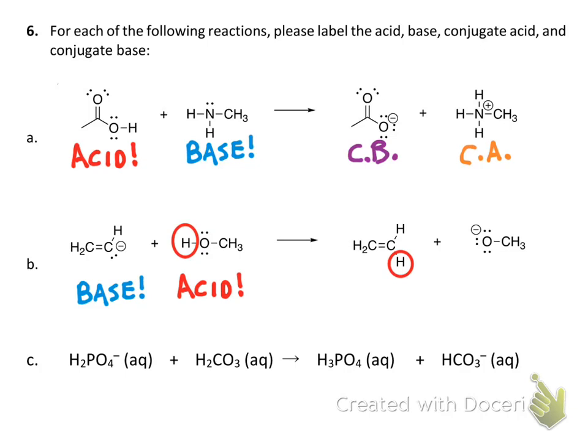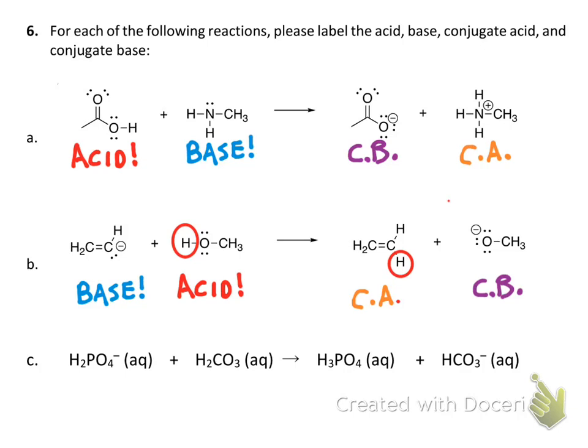The base then, what does it become once it grabs onto the proton? The base becomes the conjugate acid, and the acid becomes, after it loses its proton, the conjugate base.